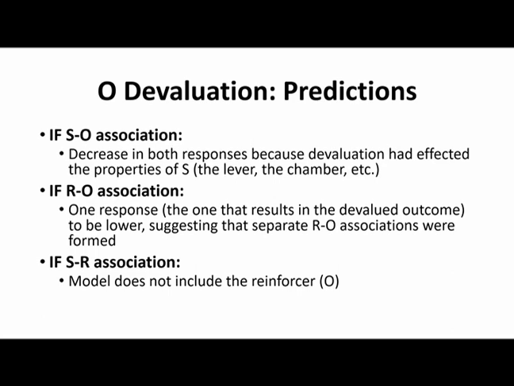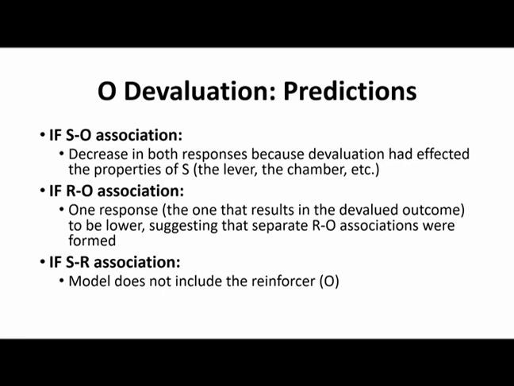So if we devalued food, then we would see less of the moving the rod to the left because that was the response that led to that specific outcome. But the other response, moving the rod to the right, shouldn't be affected because we didn't affect that secondary outcome of the sugar water. So if we see a drop in only one response, that would suggest that there are separate RO associations formed in this scenario.